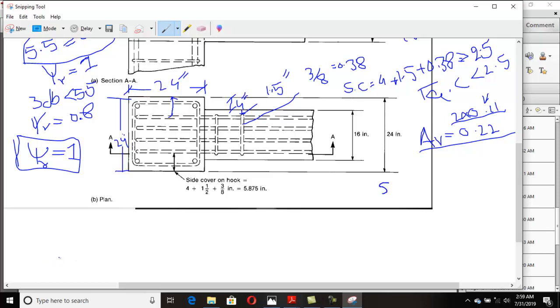You know about S. Okay, S will be Av Fy divided by 50 into bw.